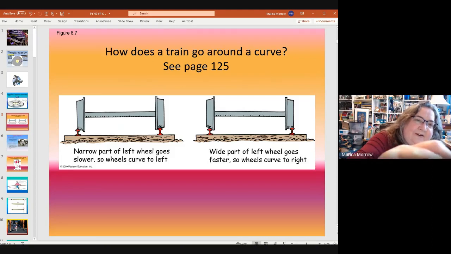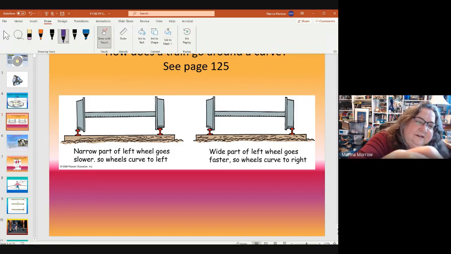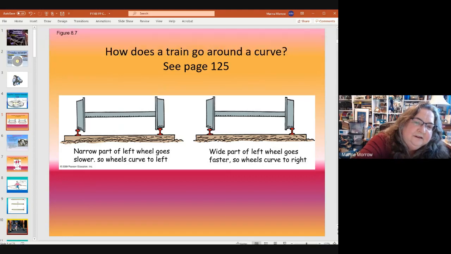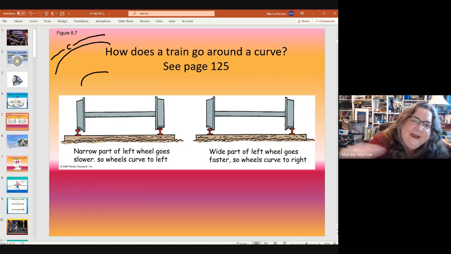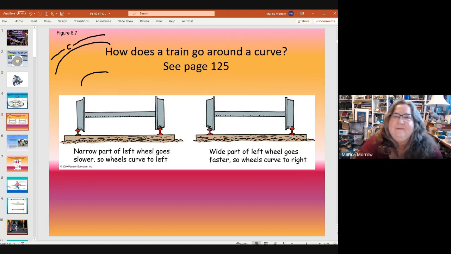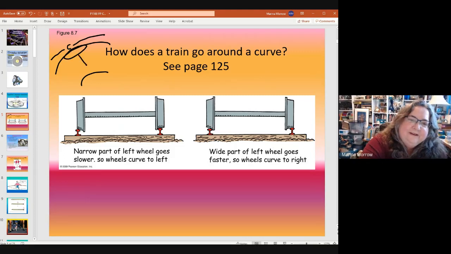If you've got an inner track and an outer track, this is a greater circumference here. So whatever's on that track has to go faster. So how does a train do it if they have two wheels that are tied together with the same axle?